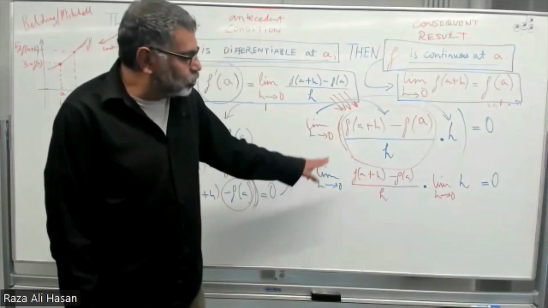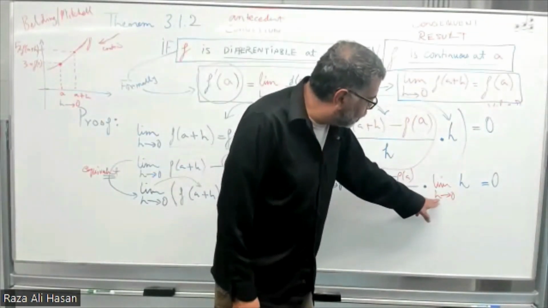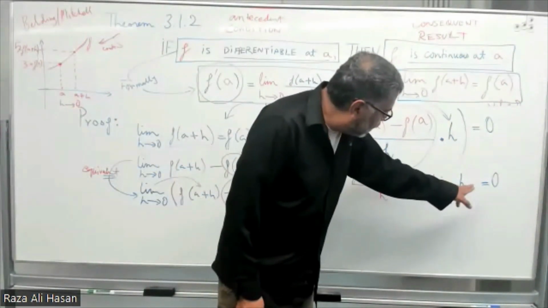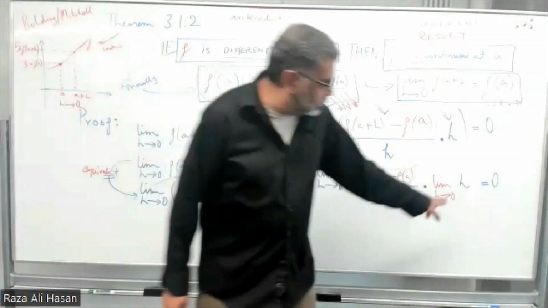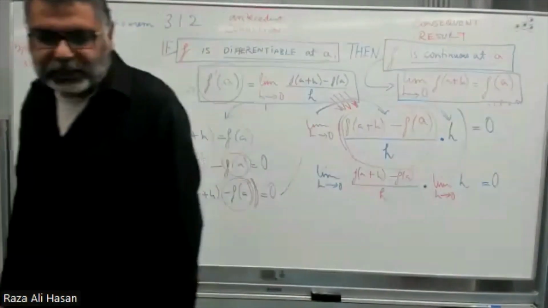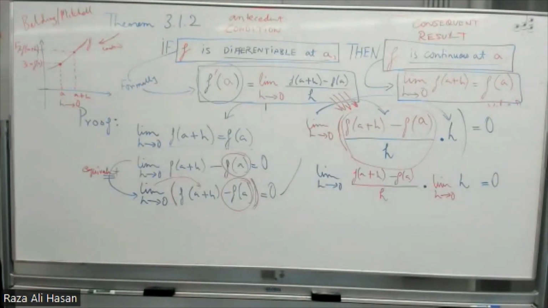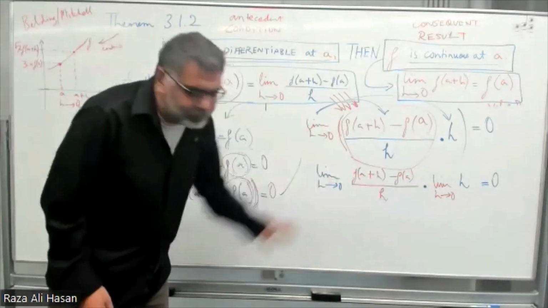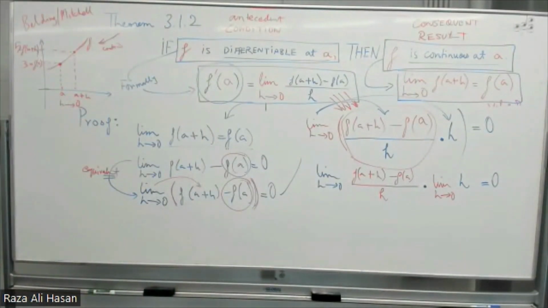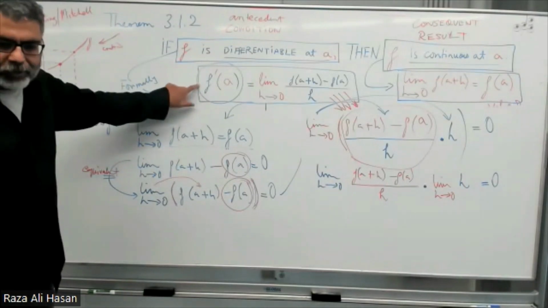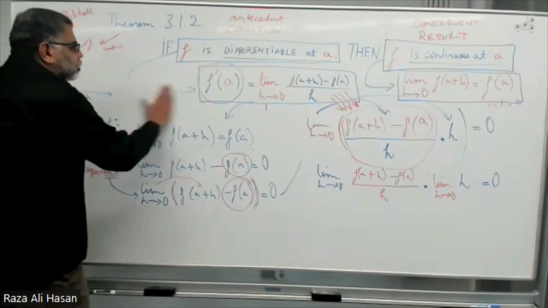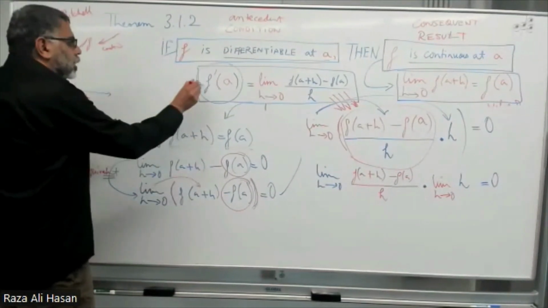You can take where the h goes, 0, and stick it into a polynomial like this one. This is a polynomial expression. So what if you looked at the antecedent? Does this expression equal something? Yes, it equals.